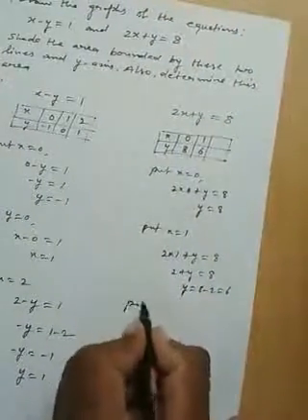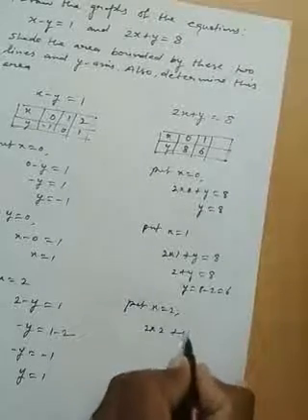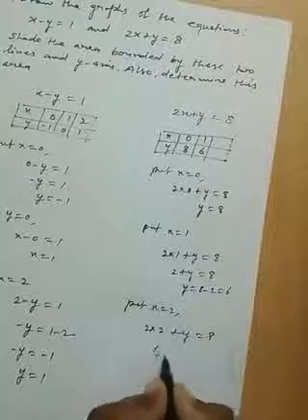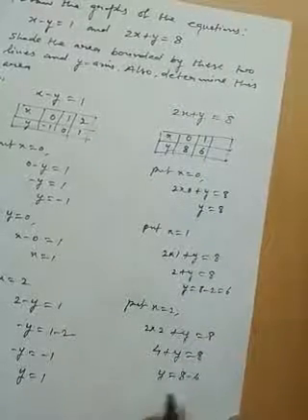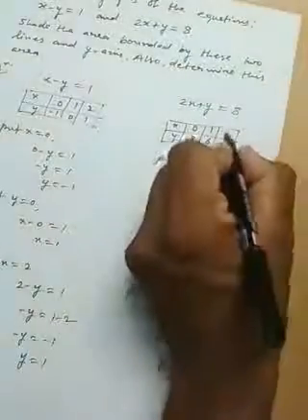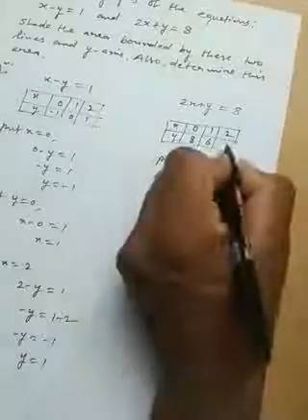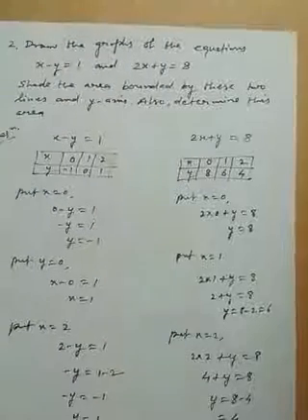Again put x equal to 2. Then 2 into 2 plus y equal to 8, 4 plus y equal to 8, and y equal to 8 minus 4, that is 4. So x equal to 2, y equal to 4.